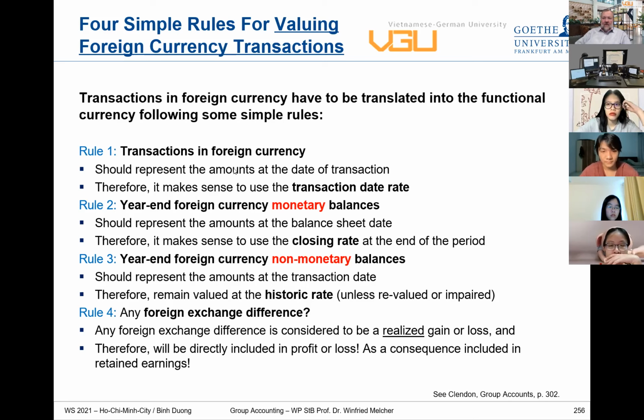Therefore, it makes sense to use the transaction date rate, okay? Because at the beginning of the year, the rate could be different from the middle and could be different from the end of the year. So when a transaction in foreign currency takes place, we just take the rate of that date.